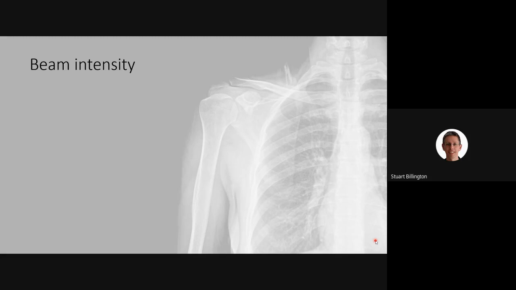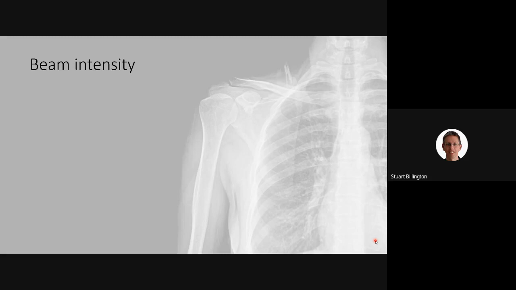What has happened is that the intensity of the beam has varied by different amounts depending on which path it took through the body. Any beams of X-rays that pass through the soft tissue arrived with a large intensity on the detector, but any paths of the X-rays that pass through bone arrived with a much lower intensity.